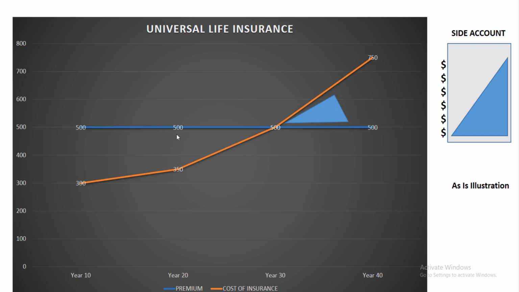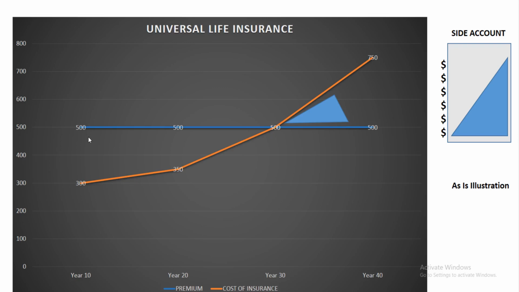That means the money going into your side account will be lower than the money you started with, and eventually the cost of insurance will equal the premium you are paying. In this case, nothing will be going into the side account, and because, like I said, the cost of insurance increases annually, at some point the cost of insurance will be higher than the premium that you are paying.